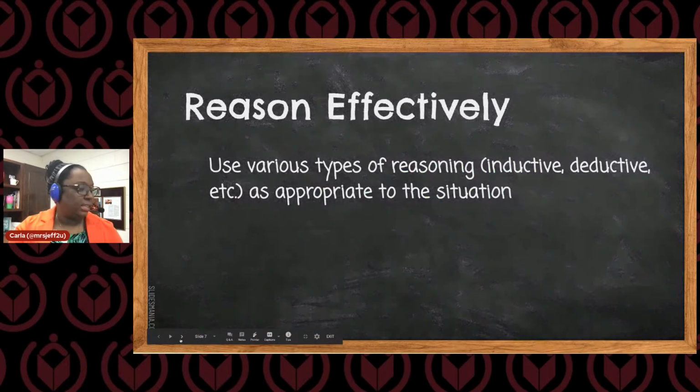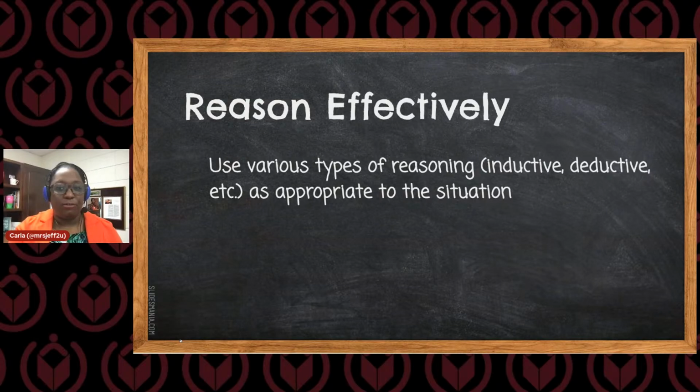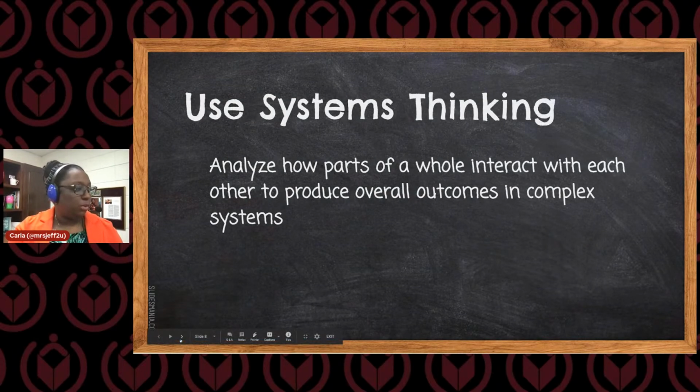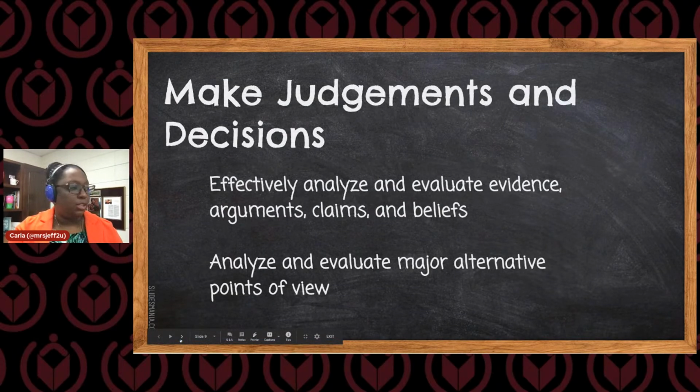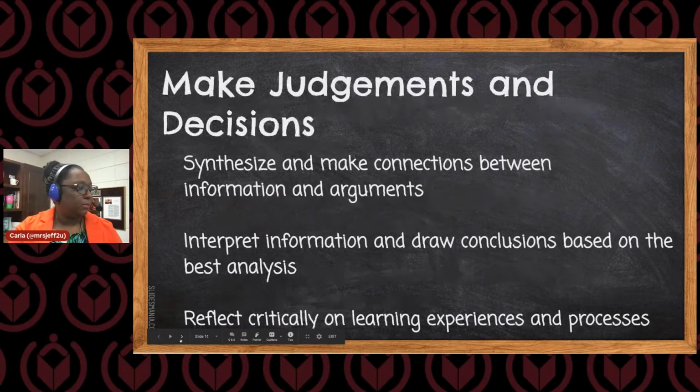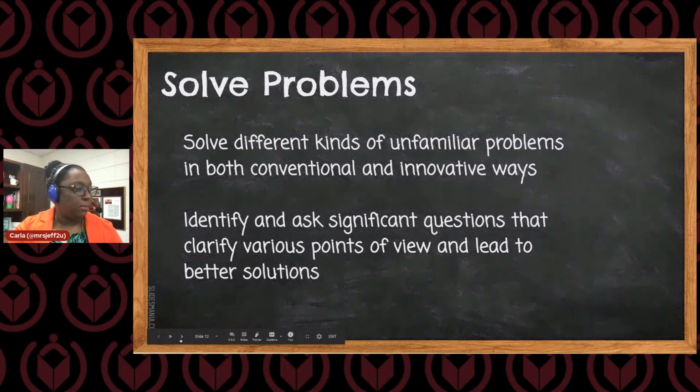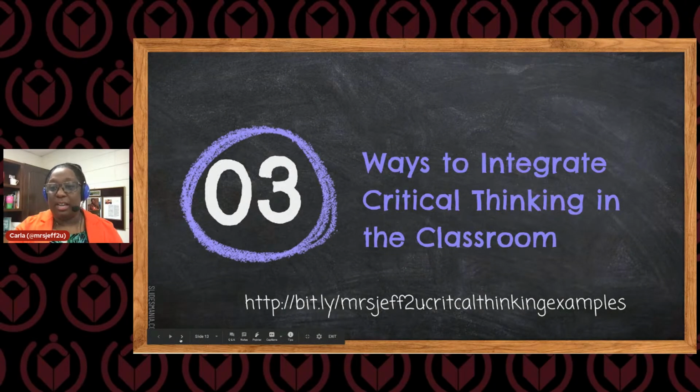Let's look and see. We've got reason effectively. We've got use systems thinking, make judgments and decisions, solve problems. Did you notice any of those critical thinking skills inside that example?